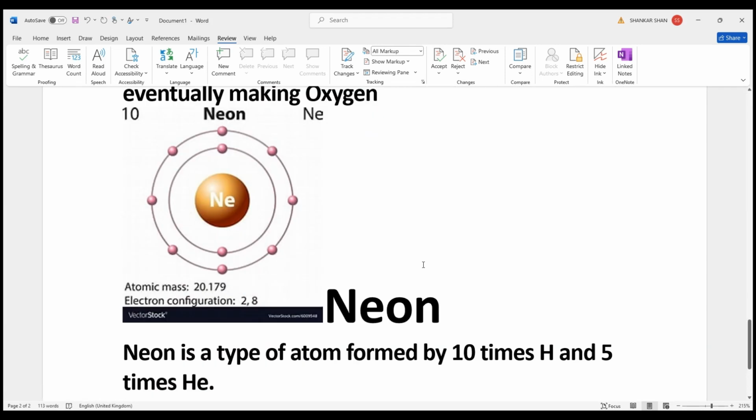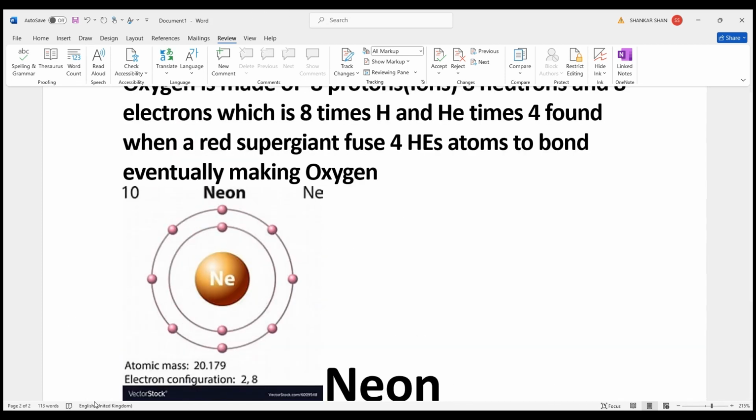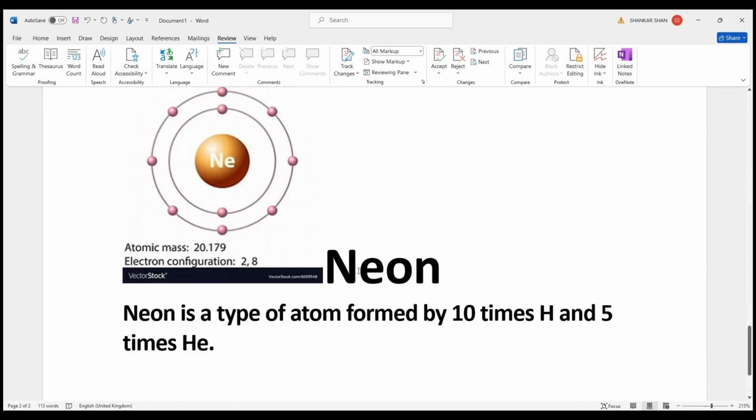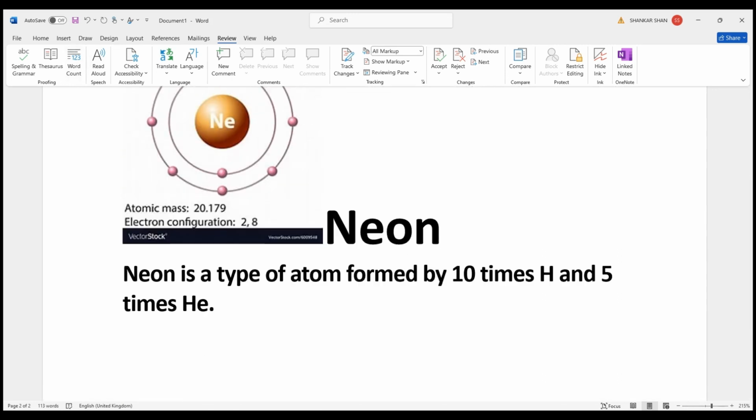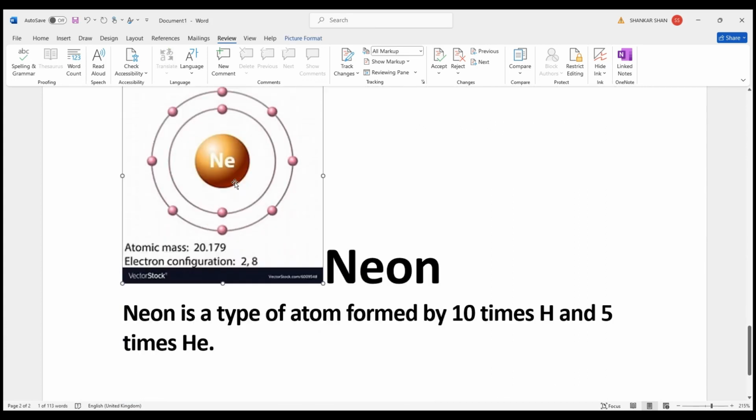So then, neon is a type of atom formed by 10 times hydrogen, which is 5 times helium. I don't know how many times of oxygen that is, but maybe you can use this formula, these two letters are the type of this, okay?